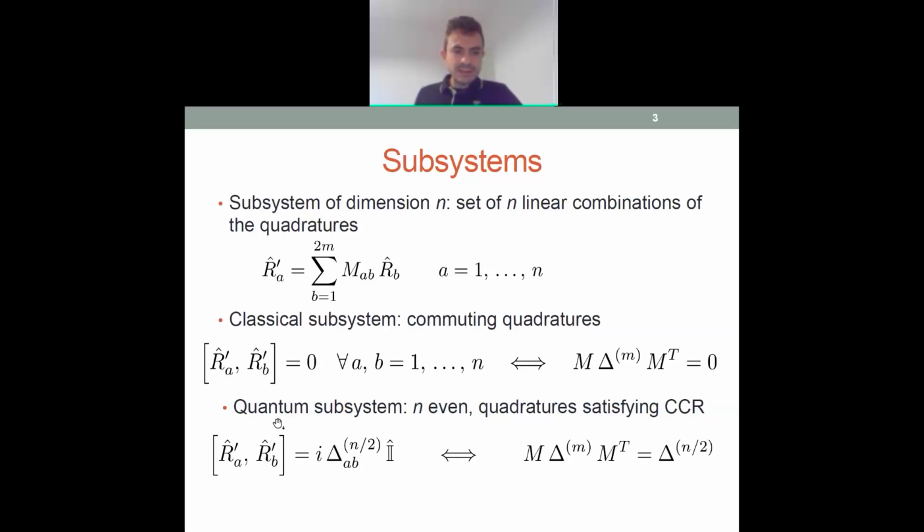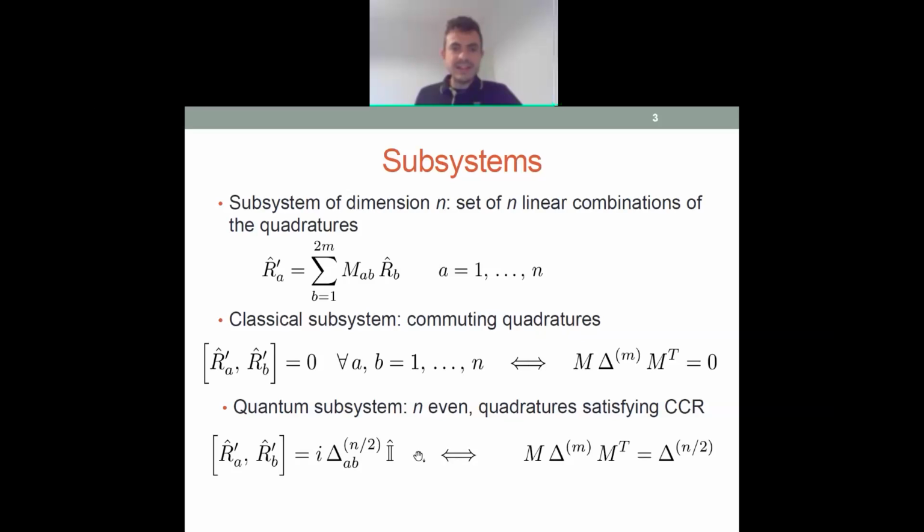So the commutator between the primed quadratures should still be given by this I times this matrix delta times the identity, but now, of course, the matrix delta will be adapted to the size of the subsystem, and of course, the number of modes of the subsystem will be half of the number of quadratures.